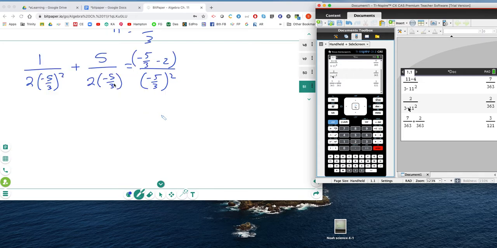So the first thing we're going to do is our fraction, so control divide, and we're going to do 1, and then we're going to do 2 times parentheses negative 5 divided by 3 parentheses squared.